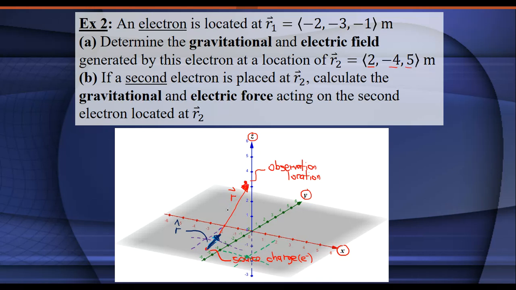Realistically, it's just the displacement vector. If you went from the source charge to the observation location, your position would change. So the way we figure out this vector R is we take our final position, which is the position at the observation location, and subtract the source charge location. We'll do that on the next slide.